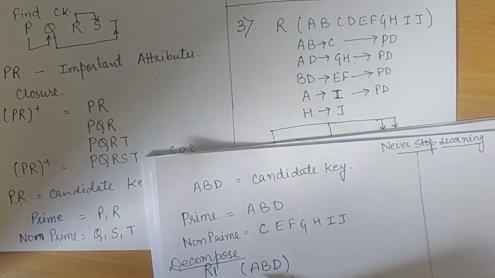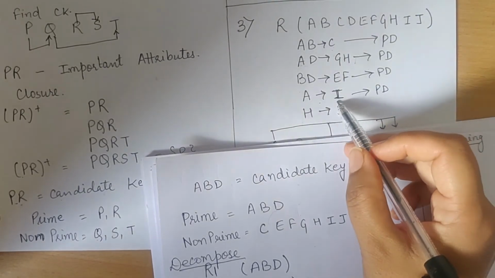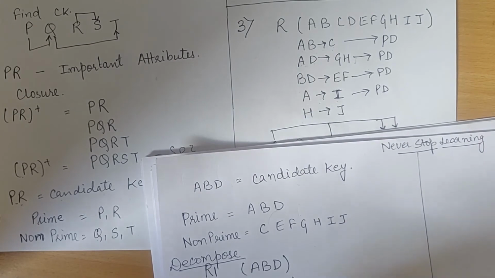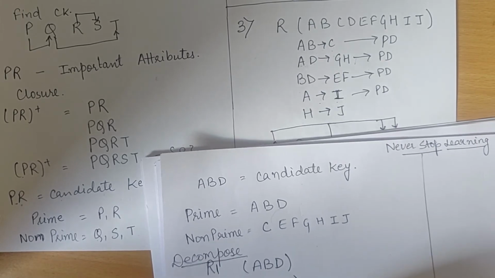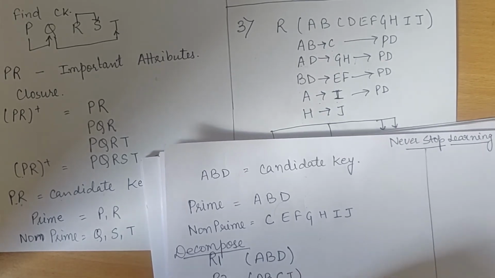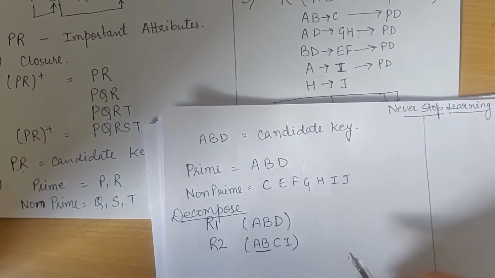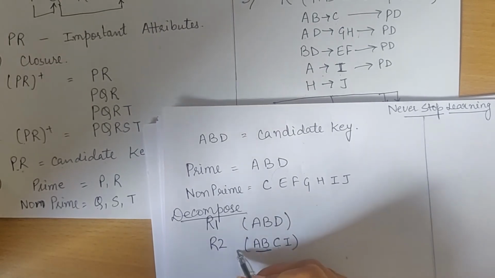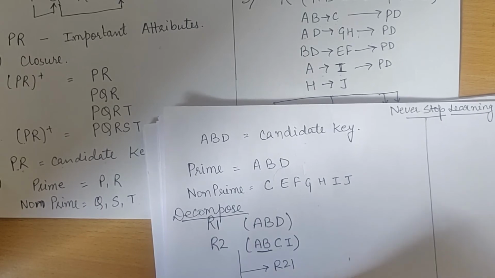Inside the table, A is saying I will alone determine I. So here also a partial dependency comes, because AB is the key and the proper subset of AB is either A or B, and A alone determines I, which again creates a problem. So we have to decompose this table R2 into R21 and R22.